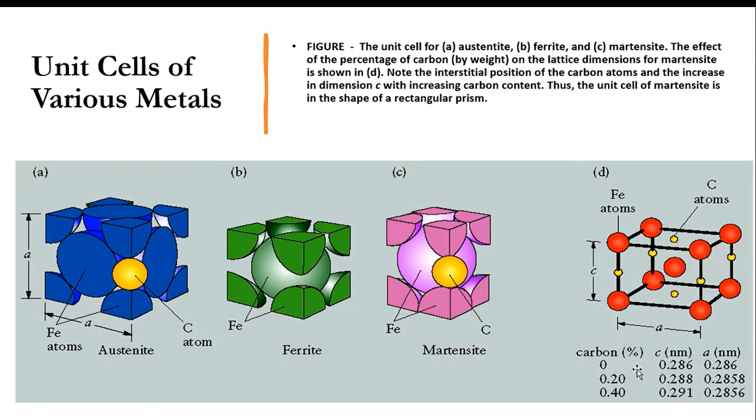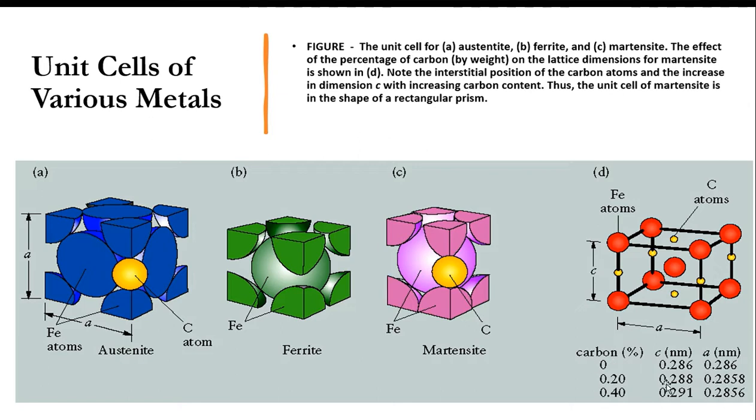Here you can see carbon percentage 0, and A and C, right, you know what is A. Now there is another length that they have developed, C, due to the placing of the carbon atom.